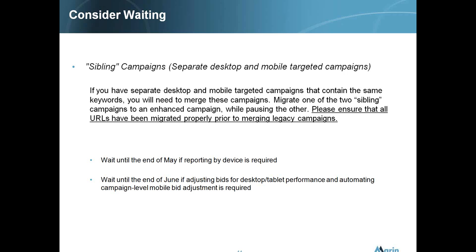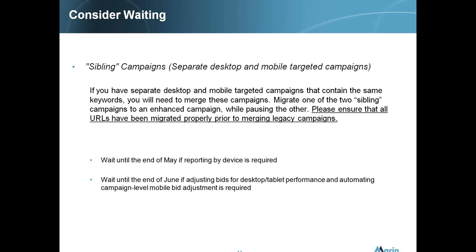So those are a couple of the things to keep in mind. Again, device-level reporting as of May is available as long as you've updated your URLs to include that device parameter. So if all of that's done, merging your campaigns is something that you can do.